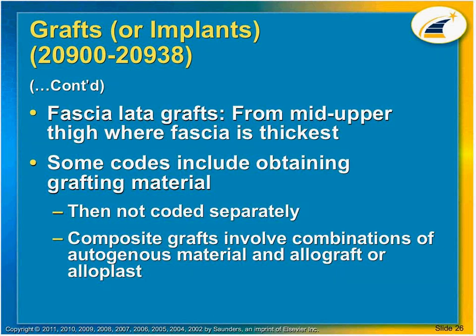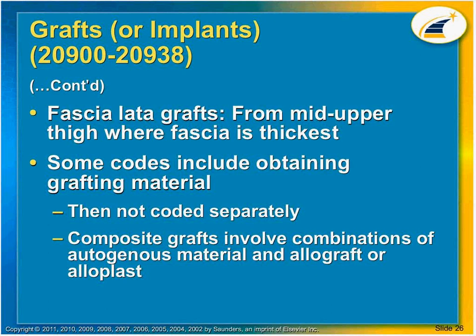If they're bundled together, and your description says it includes harvesting and implantation, then you do not code anything separately. But some codes do not include this information. If it is not included, then we would code separately.